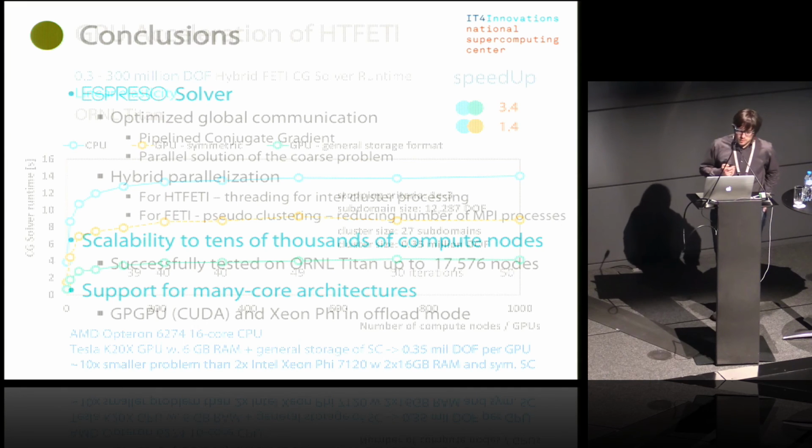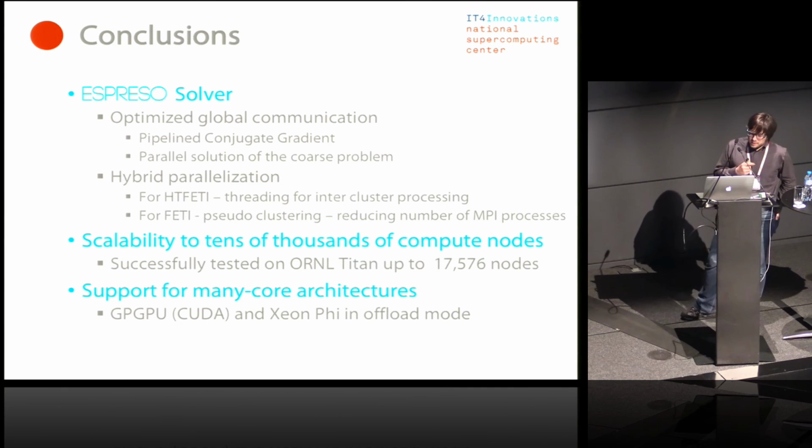So to conclude, I was presenting the ESPRESO solver, which contains optimal global communication in the form of the pipelined conjugate gradient method and the parallel solution of the coarse problem. For the hybrid parallelization, we use threading, and for the FETI, we combine a group of domains.